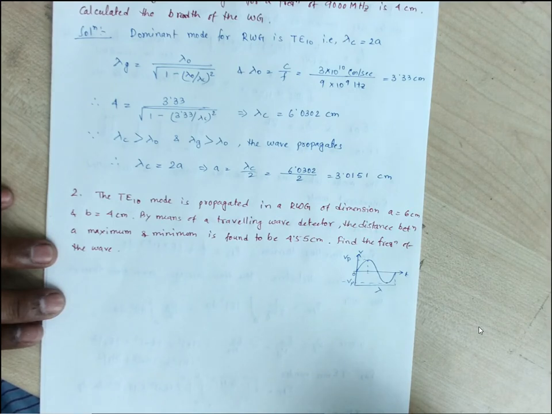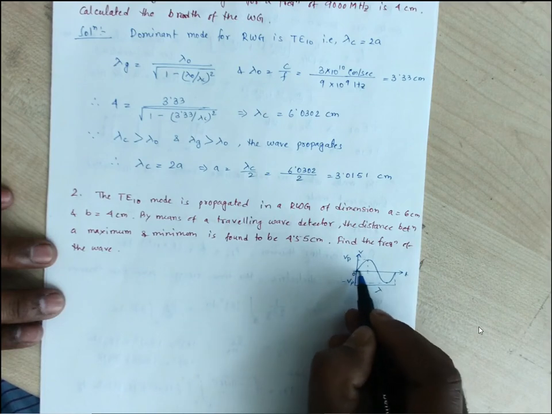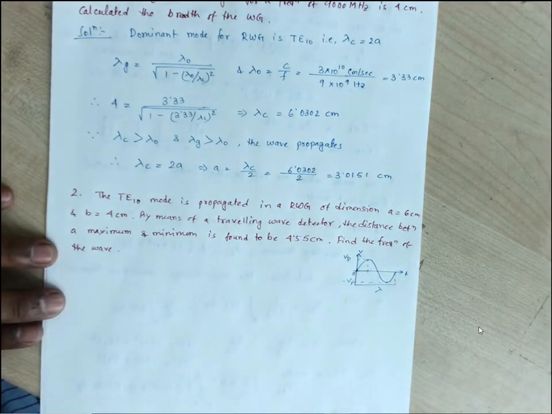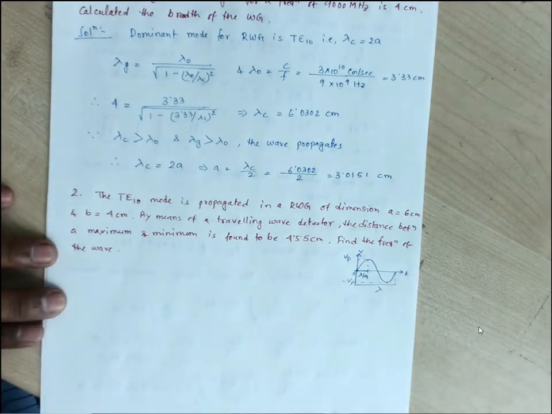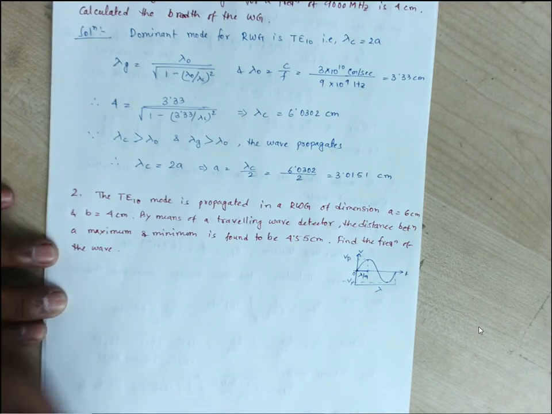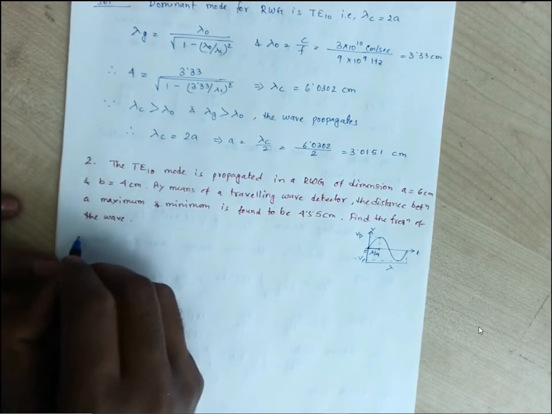So the distance between a minima and a maxima is lambda by 4, isn't it? Since the wave is propagating inside the waveguide, we will consider this lambda as lambda g, the guided wavelength. So let us go with the solution for this.